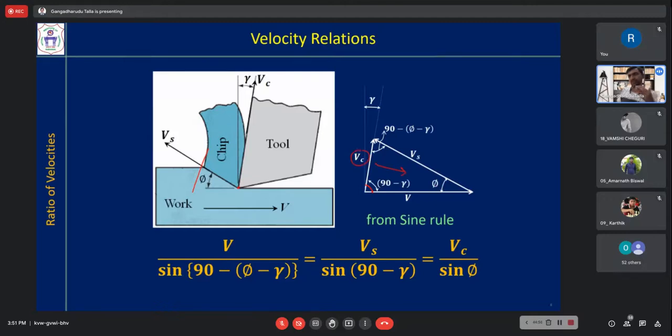So Vc by sine phi or sine phi by Vc, both are same. That is also fine. So I'll say Vc by sine phi is equal to V by sine 90 minus phi minus gamma. So that is nothing but cos phi minus gamma. Similarly, Vs by sine 90 minus gamma, that is cos gamma. So this rule you can apply here.